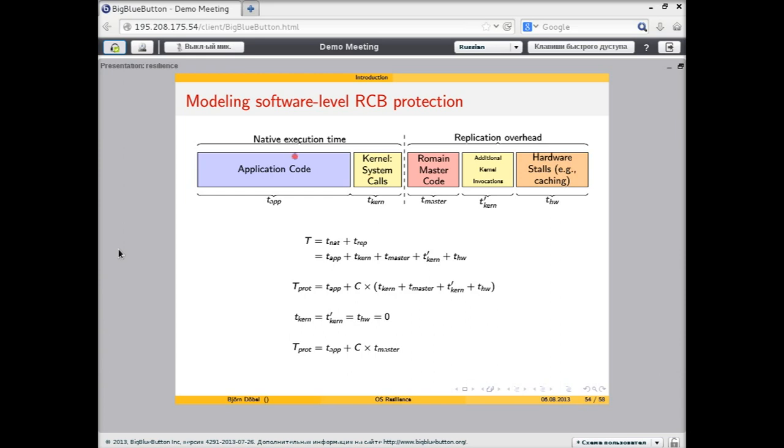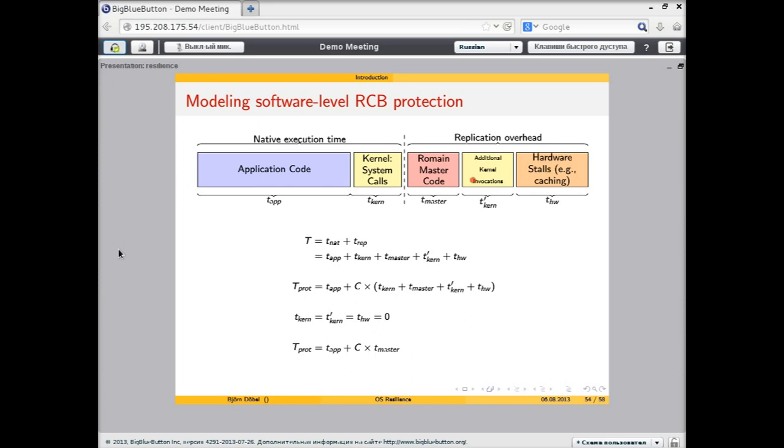And in addition to that, we have more time spent. Some of this time goes into executing code in the Roman master process. Some goes into executing additional kernel invocations, which might be done by the Roman master. And we already saw that we also have hardware effects such as cache-related effects that go into the replication overhead. So these are the parts that make up the time that we need for replicated execution.